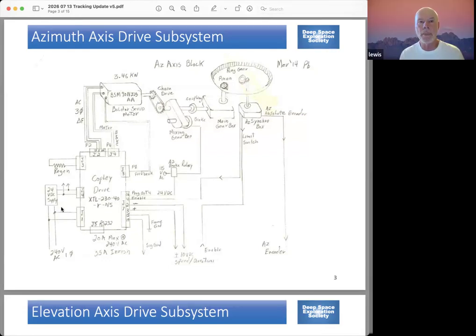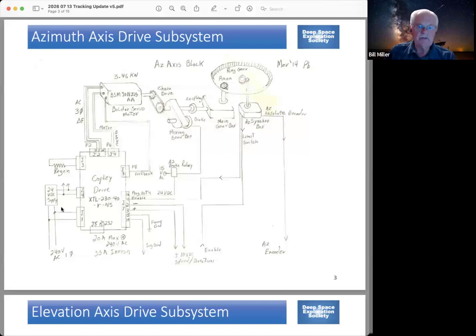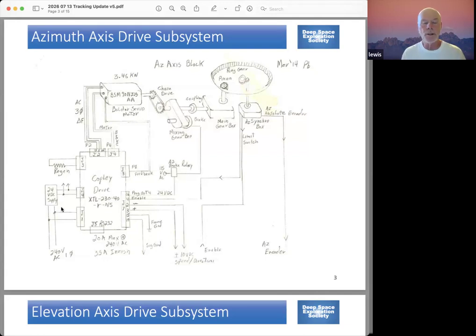So if you're in the tower and you need to shut it off, there is a breaker there that does shut off the power to the system. Yeah, that's good. From a human safety point, that's a good thing to have up there. You don't want it coming on when you're fiddling around with the equipment.